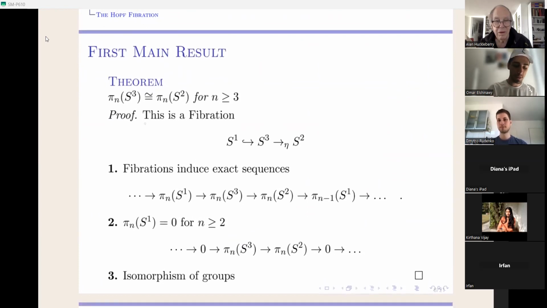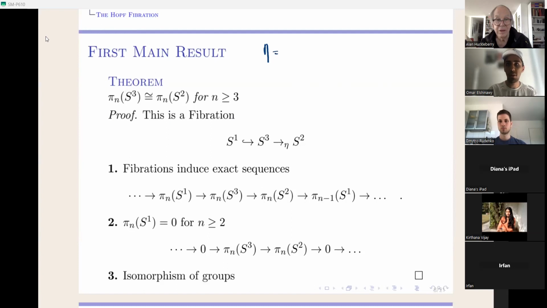But we first have to assume that this is a fibration by a function eta. This is something we have to define, and maybe I'll do it now. So that's a good idea.